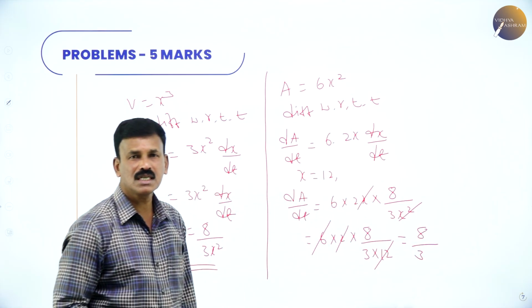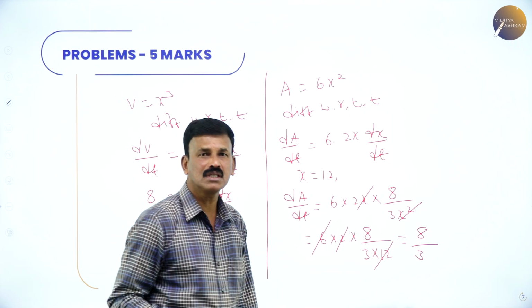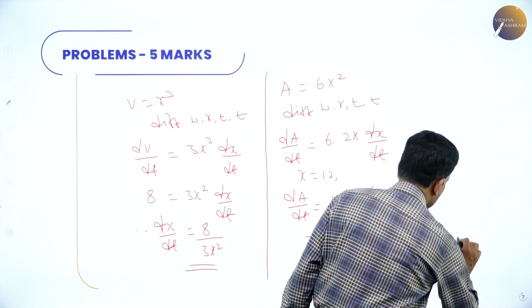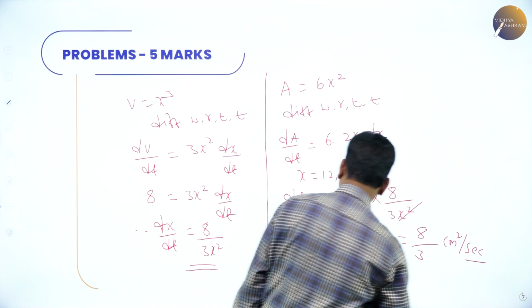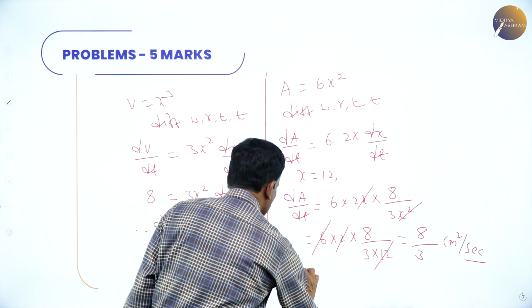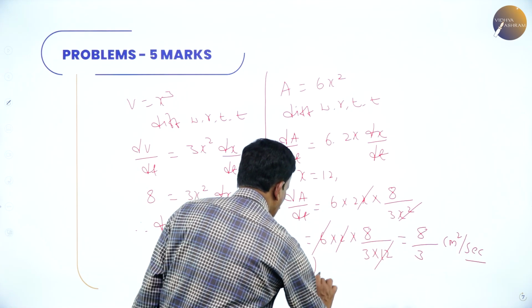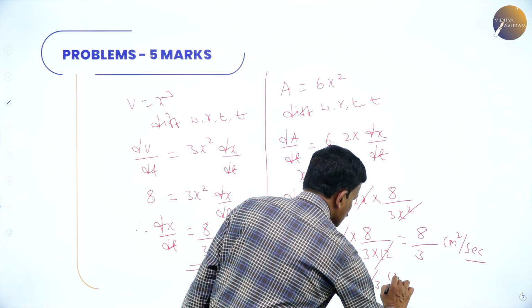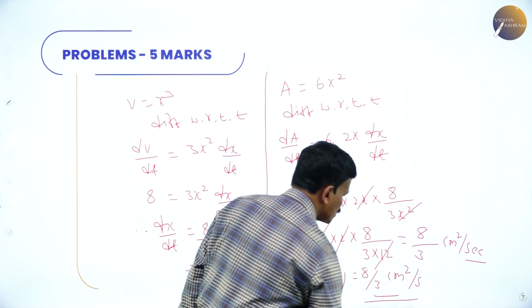That's it. This is the required answer. Substitute the unit: centimeter square per second. So, therefore, dA by dt at x is equal to 12 is 8 by 3 centimeter square per second. This is the required answer.